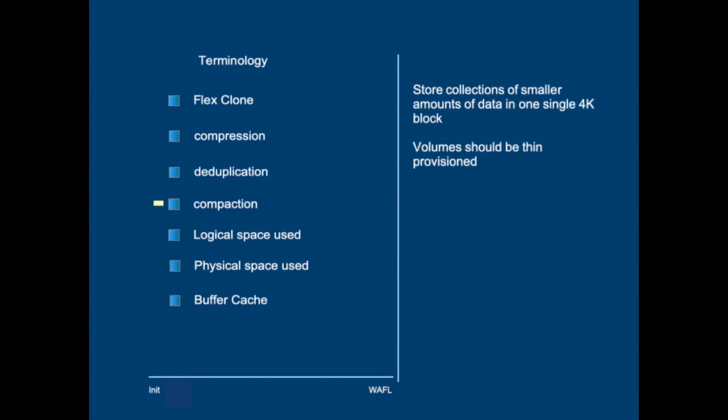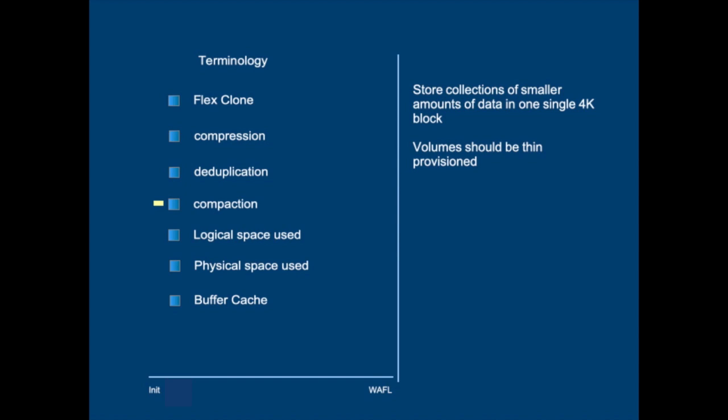The fourth item is compaction. Compaction is a new feature. It tries to merge blocks that are smaller than 4 kilobytes into one single 4K block. As you know, WAFL uses 4K blocks. Some collections of data simply do not fill a single 4K block.